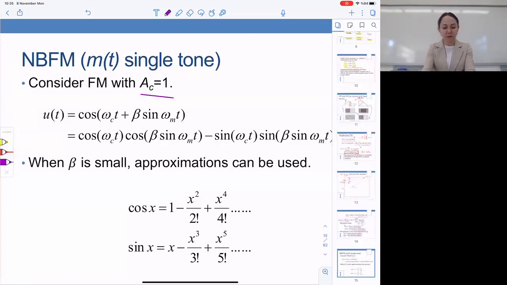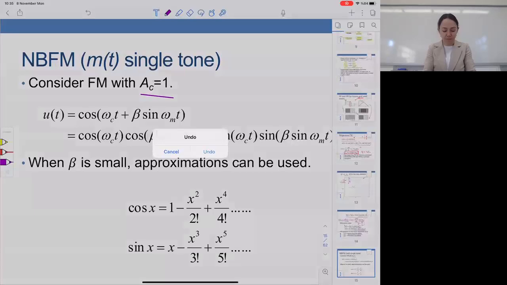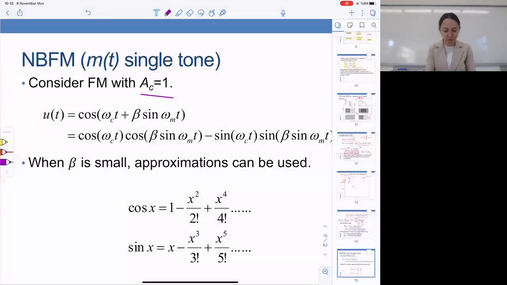The modulated waveform is cosine w_c t, where w_c stands for 2 pi f_c, plus beta sine w_m t, as we obtained in the previous slide.